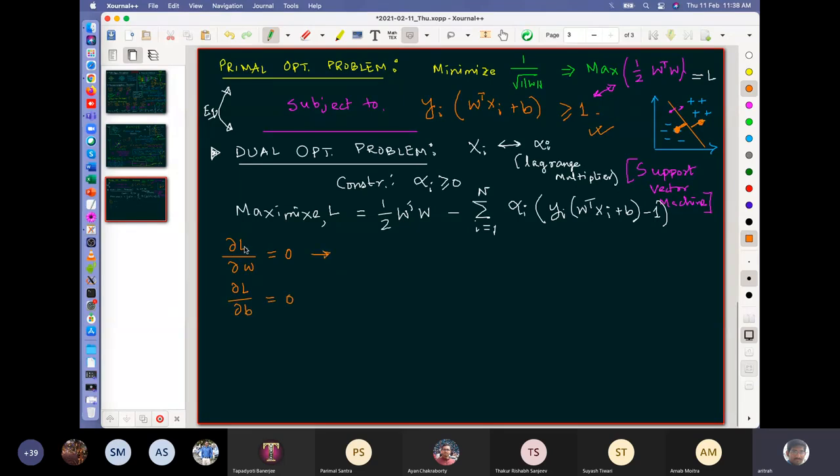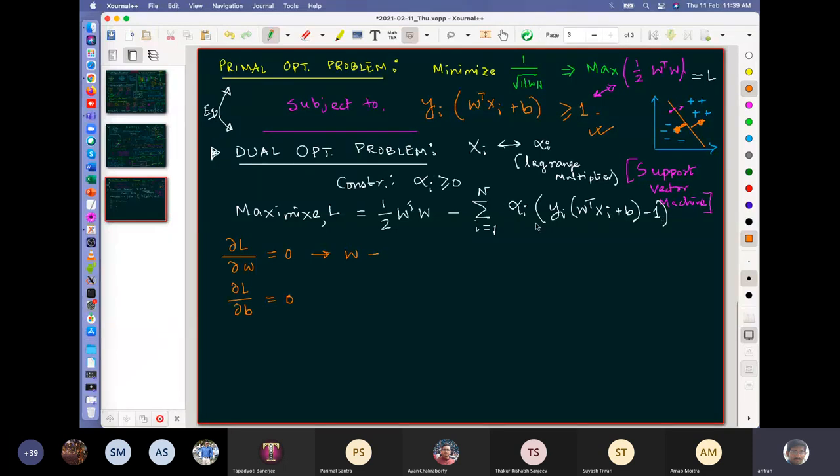So del L by del W equal to 0. From this term, W is coming, because the sum is over Wi, so only that Wi square will participate; the rest of the terms after the derivative will be 0. Here the W will come, minus, and if you see this term, alpha i yi b, differentiating with W will give you 0.